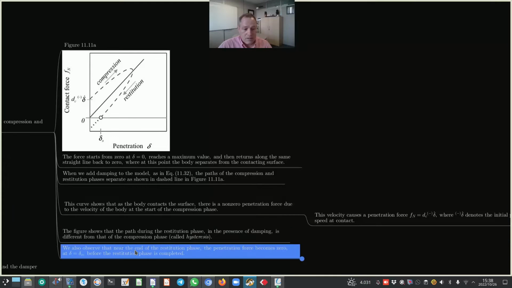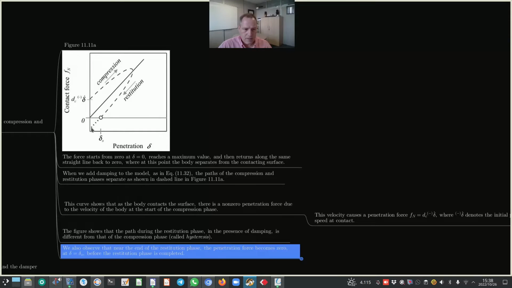We also observe that near the end of the restitution phase, the penetration force becomes 0. Okay, this is now this area over here. It's near the end of the restitution phase. And this is where delta equals delta S before the restitution phase is completed.